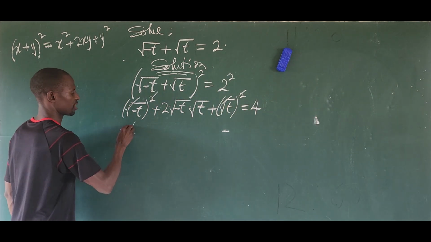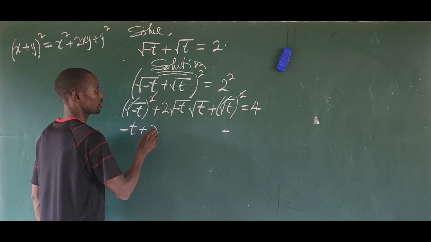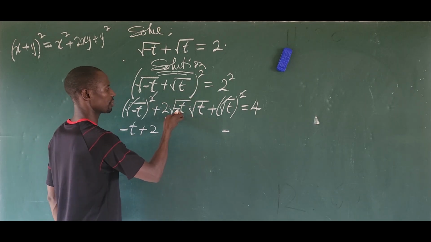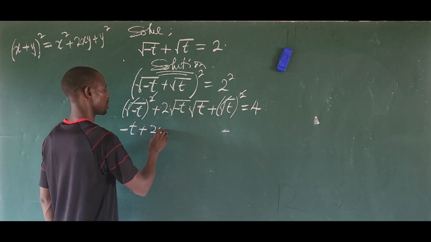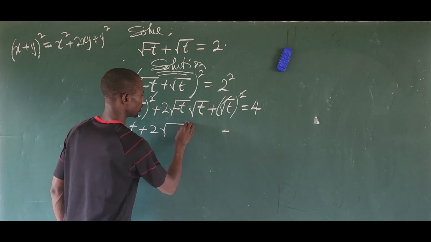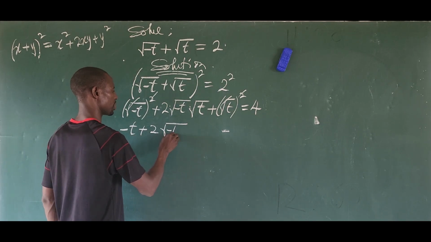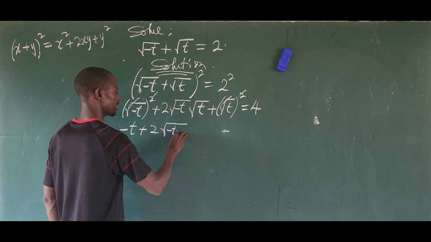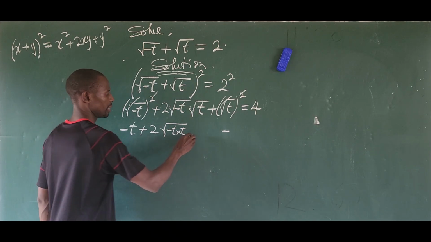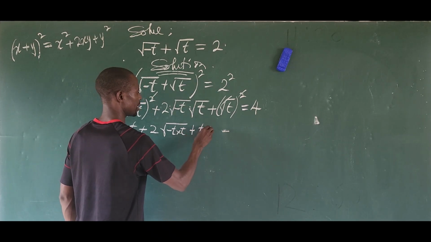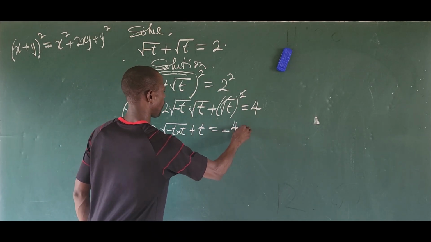So this is going to give us minus t, plus 2, because this is a square root radical and a square root radical. According to the law of surds, the two of them can come together. So this gives us minus t times t, then plus t equal to 4.